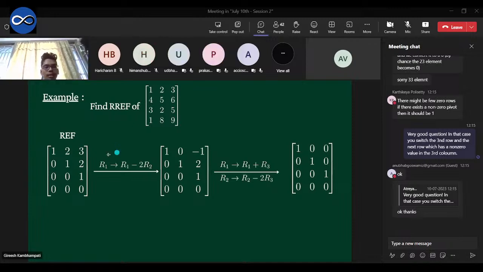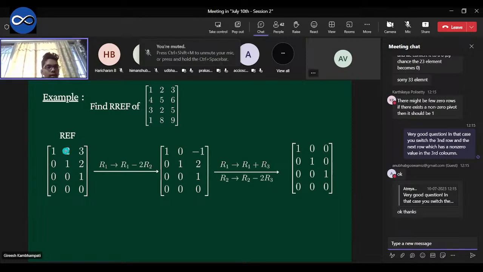For making the term 2 to be 0, we can subtract 2 times the second row from the first row.